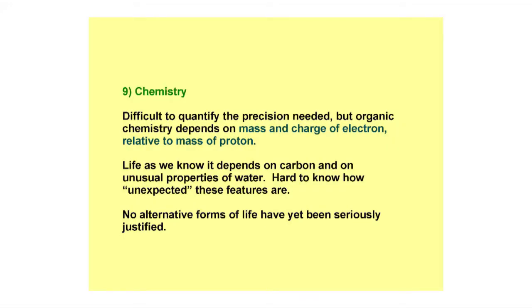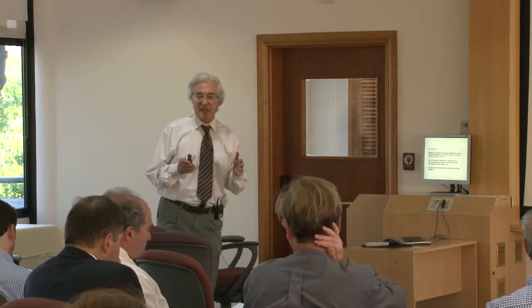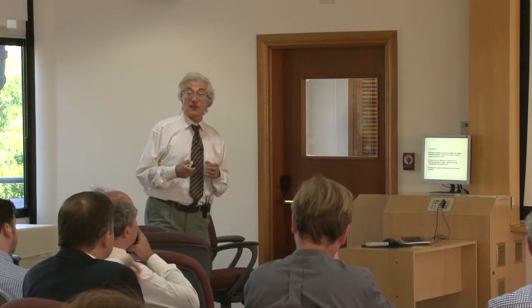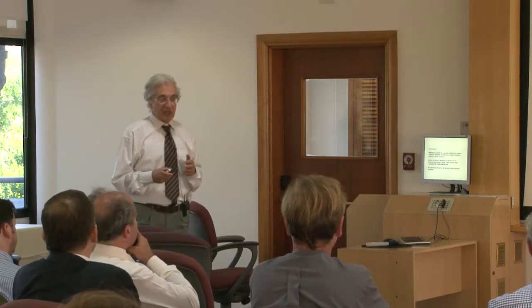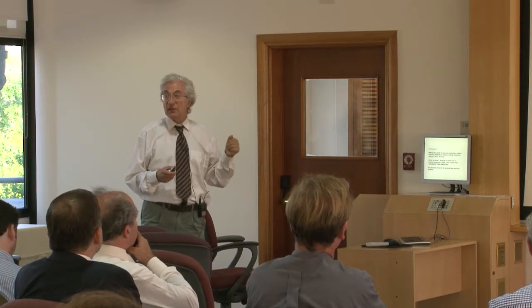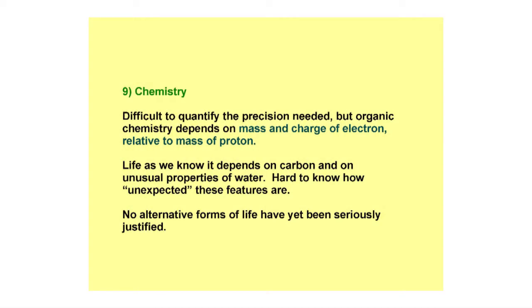I won't talk about chemistry because it's too complicated and we don't really know how precise all these numbers have got to be to have chemistry. But you have to bear in mind that a lot of the organic chemistry that goes on is really very precisely governed by the physics of all the chemical processes. Very hard to calculate, as I say, but what about photosynthesis? That depends critically on just one protein.